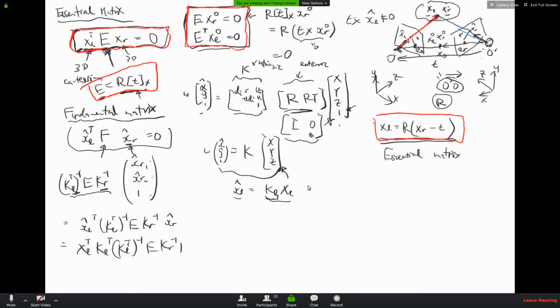I can also do the same thing for XR, so XR hat should be equal to KR times XR. Then the KR and KL will be cancelled, so both ends are cancelled. Then I go back to this one here, which is actually equal to 0 from my equation for the essential matrix.